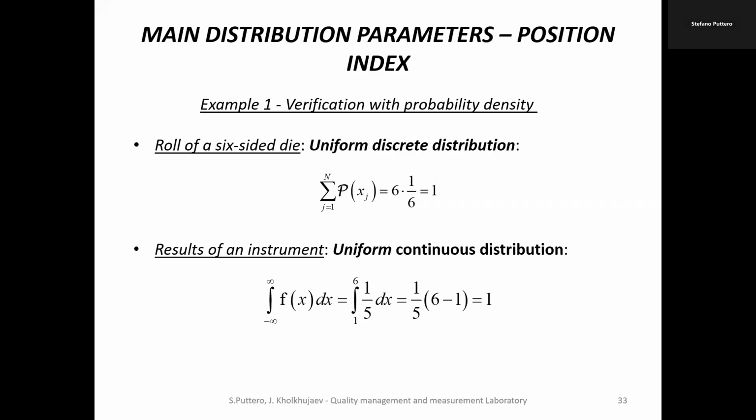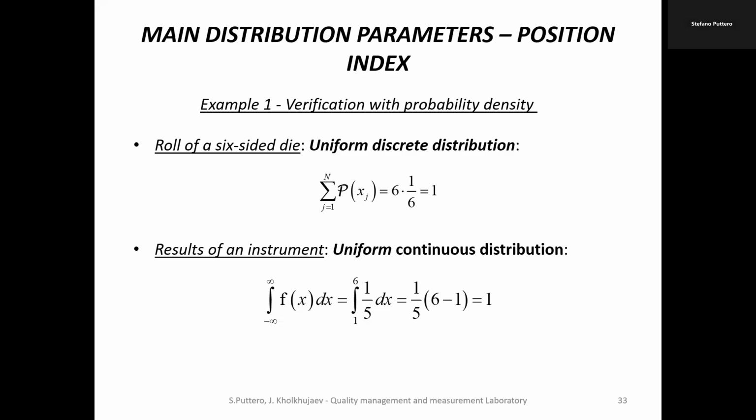So what does it mean? We can check if the total probability of the sample space is equal to 1, because one of the properties is that the total probability, for both the discrete and continuous cases, should be equal to 1.